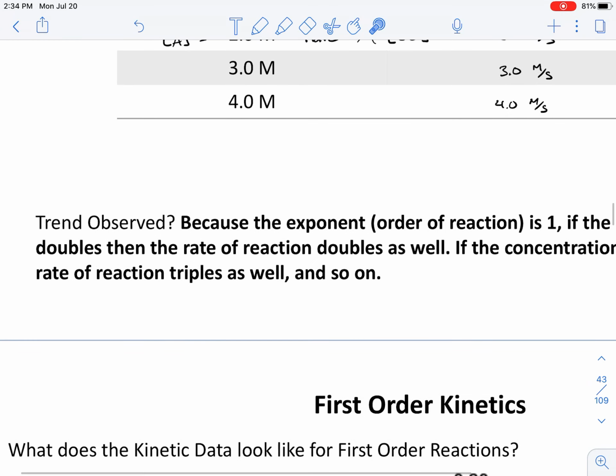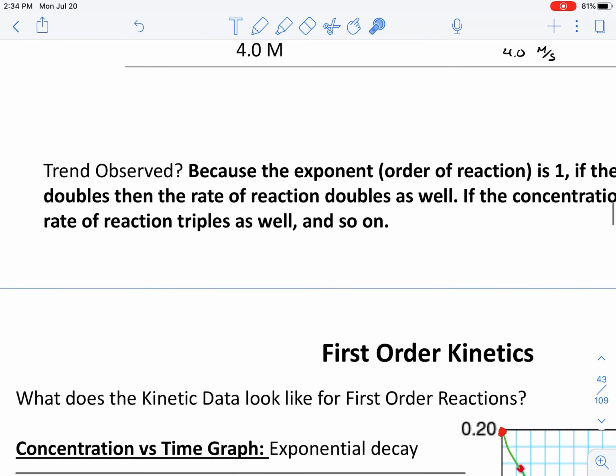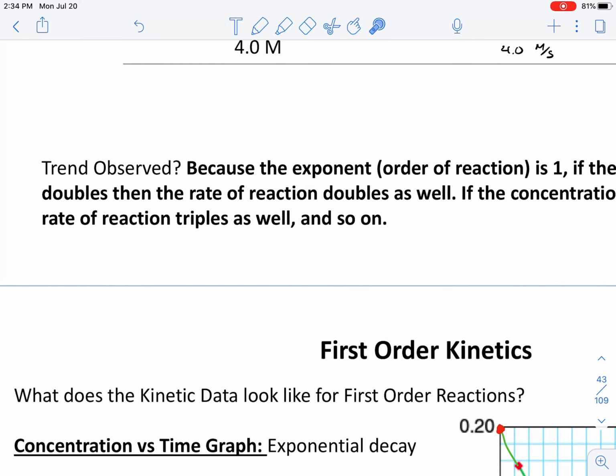Now, what we're going to take a look at is the kinetic data for first order reactions. We're going to look at how this kinetic data looks when we plot the concentration of reactant A against time. It turns out that we're going to get an exponential decay, and I've already brought up this point in an earlier lecture video.